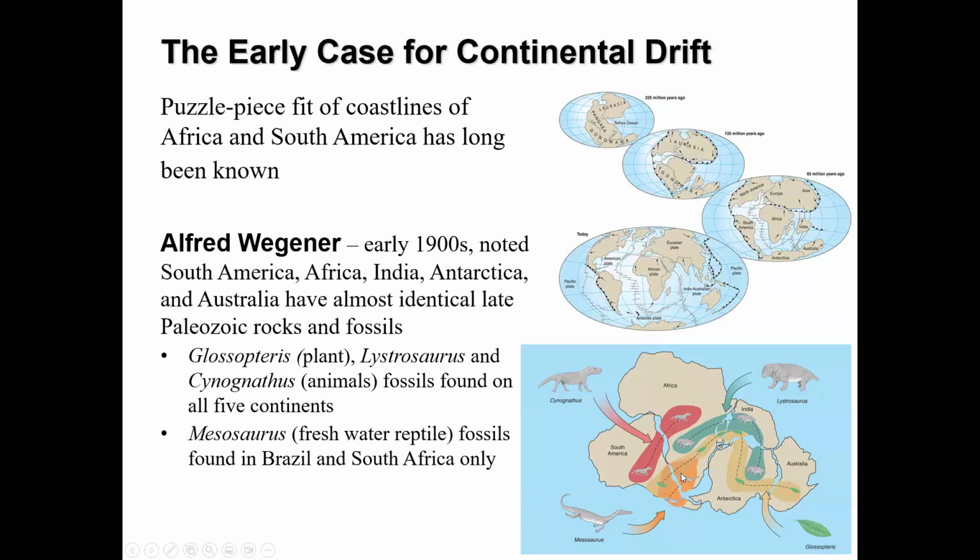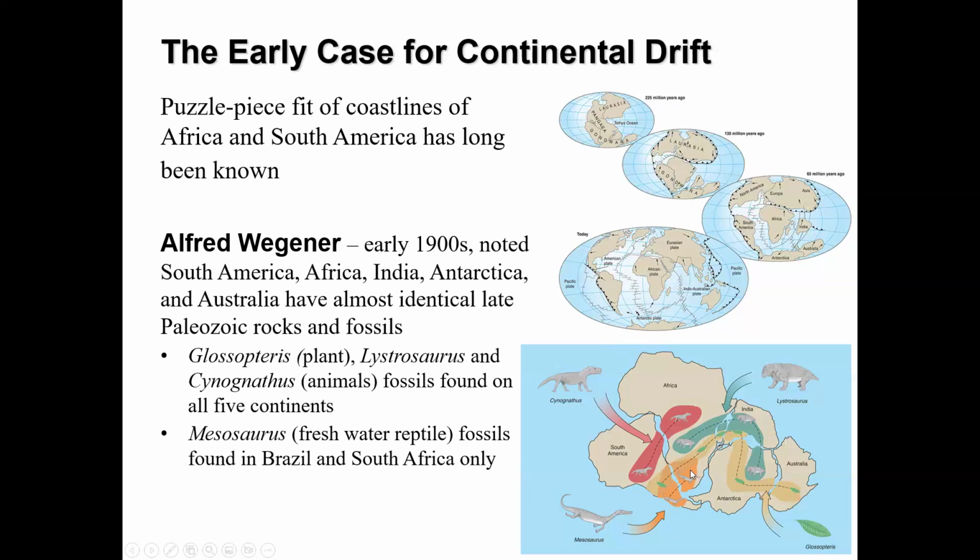And freshwater reptiles do not generally like to swim in saltwater. They don't like oceans. Their bodies cannot handle that change in water chemistry. So the fact that we see Mesosaurus fossils across these two continents, which are currently separated by thousands of miles of ocean, is really strange.